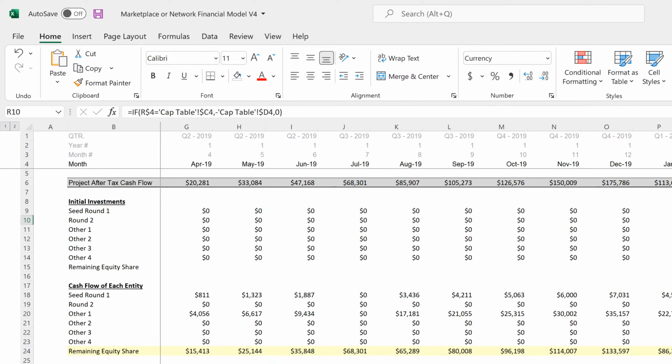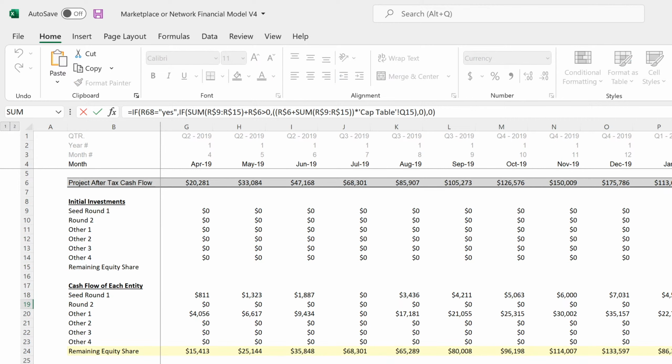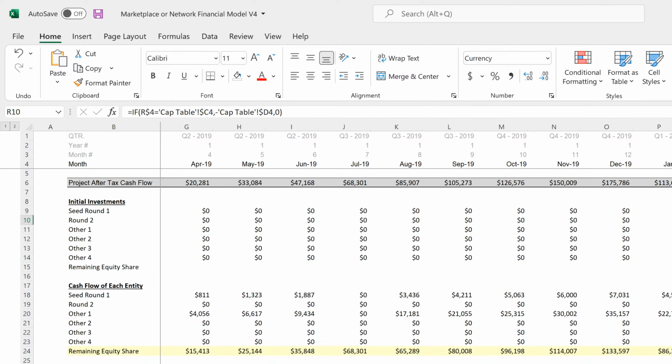So I think what's happening here, it's assuming nothing's distributed because all of this cash came out here. So there's our variance, and I knew this was tricky.